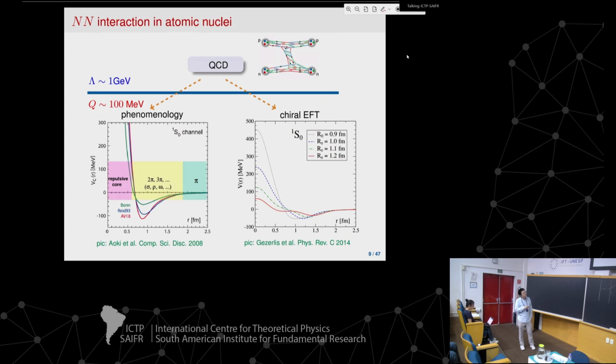You have a cutoff in these potentials, and if you vary the cutoffs, your potential short distance behavior will change a lot. You can see that its short range behavior, if you use different cutoffs, would be very different. But what you also see is that the long range part of the chiral forces is almost the same.